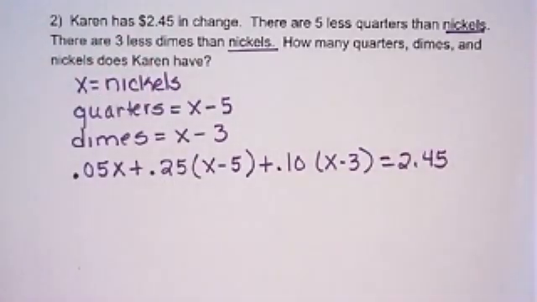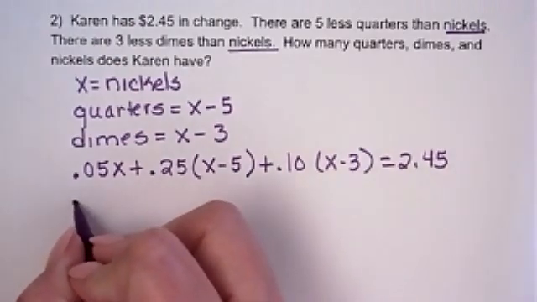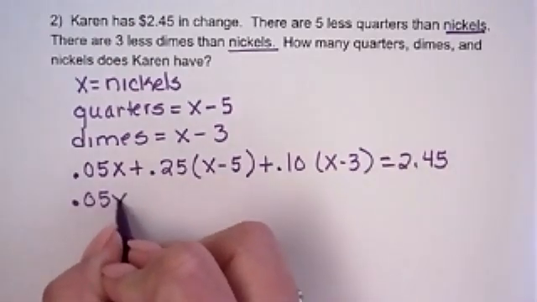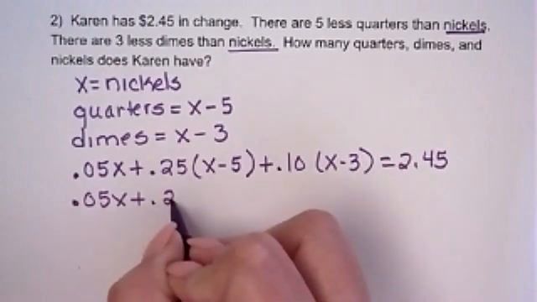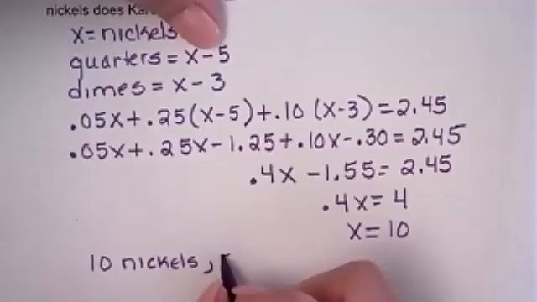The next part, again, grab your calculator and let's just do our basic problem solving. So, distributive property first. 0.05x plus 0.25x minus 1.25 plus 0.10x minus 0.30 equal to 2.45.